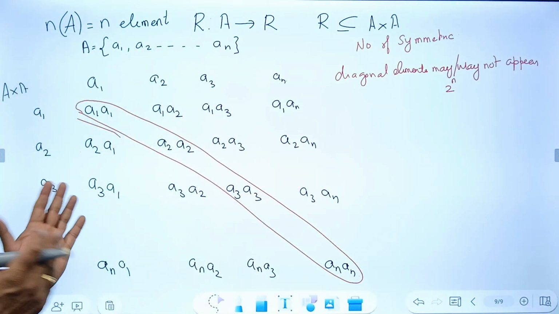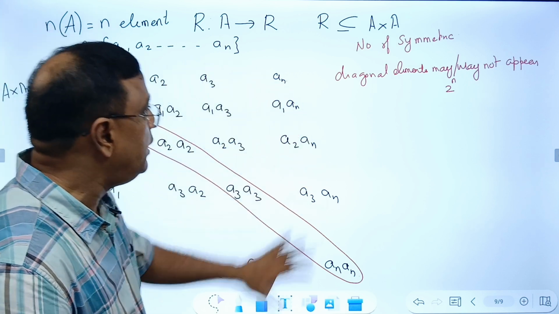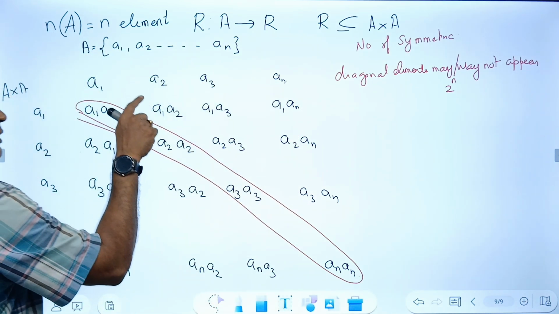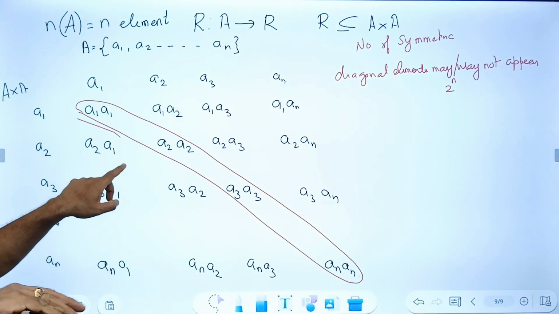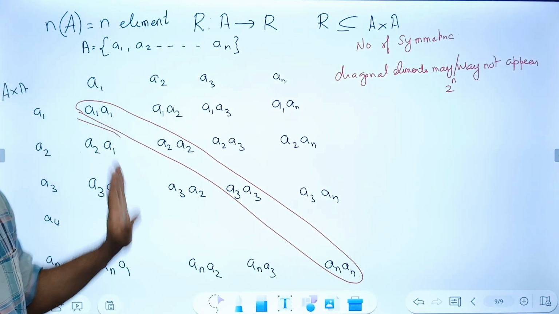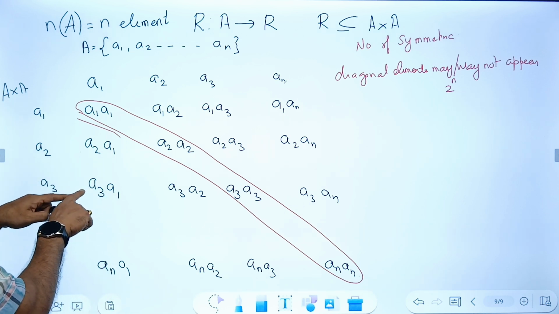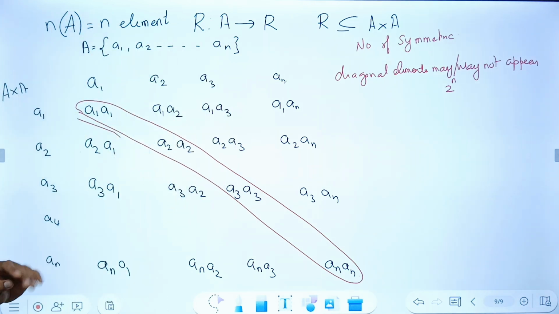Okay, 2 power n. Now look at the non-diagonal elements. If A21 appears, A12 will appear. So if A21 appears, it's understood that A12 will be there. If A31 appears, it's understood that A13 will appear.